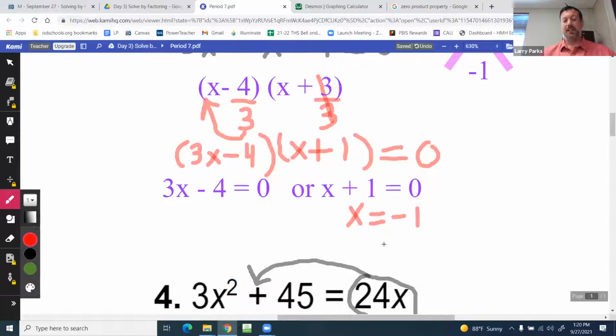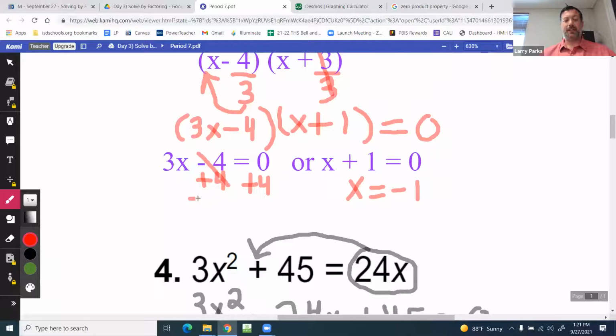This one, on the other hand, takes a little more work. 3 times what number minus 4 is 0? Probably the easiest way, like I could look at this and go positive 4/3 is the answer because I've been doing this a lot. But the way you would go about this is you solve for x. So you would add 4 to both sides. Those go away. You get 3x equals 4.